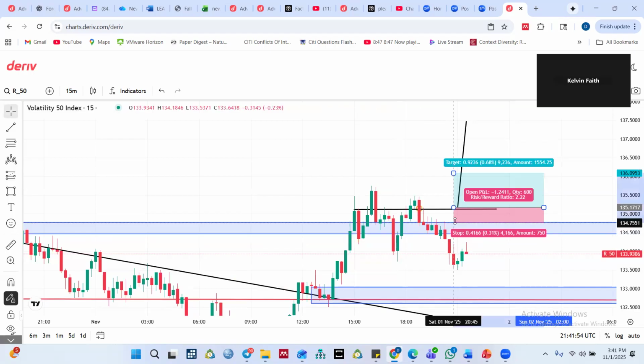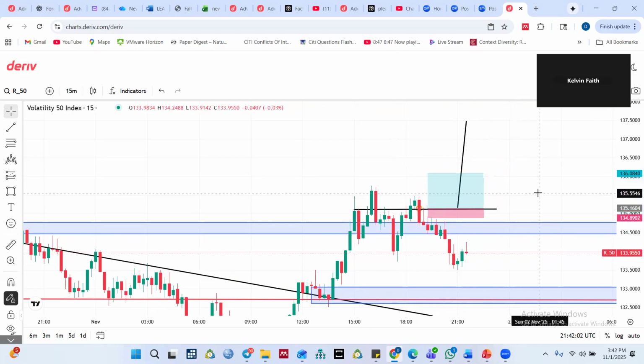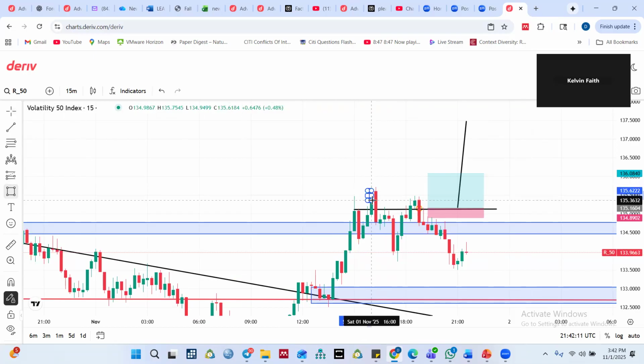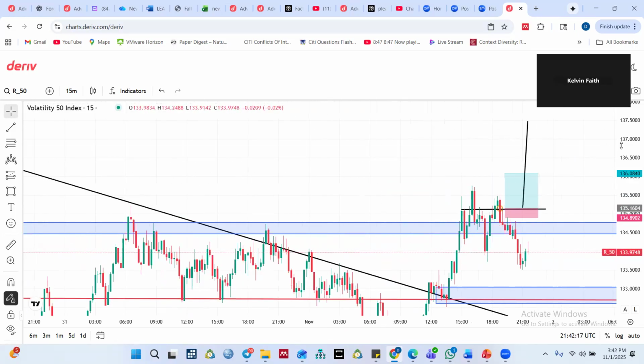That is if price does not drop down. So this can be like a buy stop. It's not like when price touches it, you buy. No, you need a bullish momentum and a bullish close above here in order to validate this earlier bullish indication. Only then would you want to buy for the continuation.